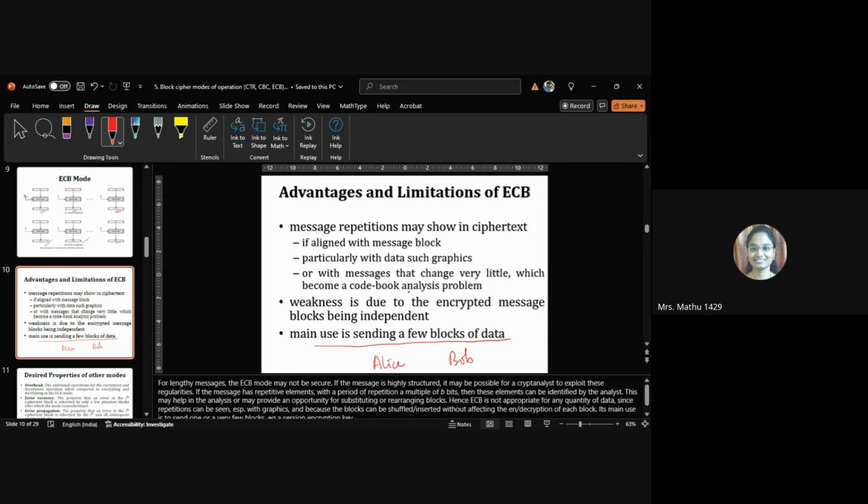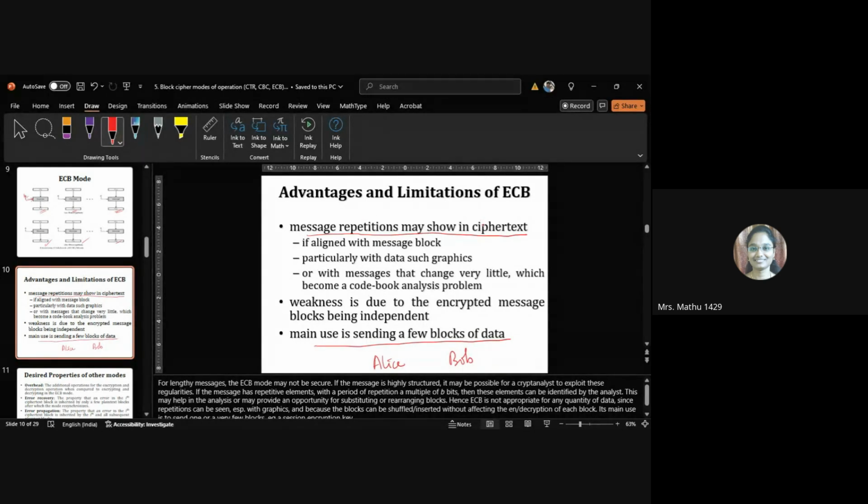But as we have seen, message repetitions can be easily found in the ciphertext. If you use this method for sending a large number of blocks of data and there is some repetition, it can easily be found in the ciphertext.